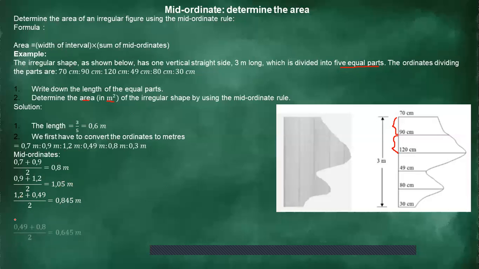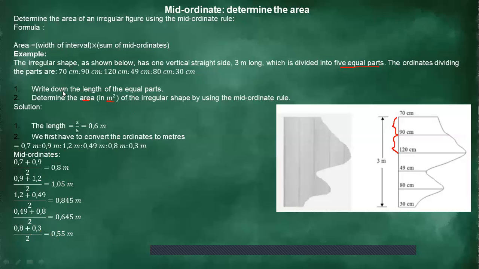The fourth one is 0.49 plus 0.8 over 2, which equals 0.645 meter. Of course, the last one, 0.8 plus 0.3 over 2, equals 0.55 meter. So we have determined the mid-ordinates, right?